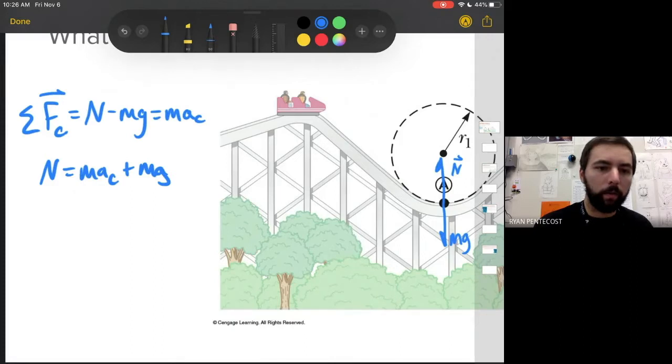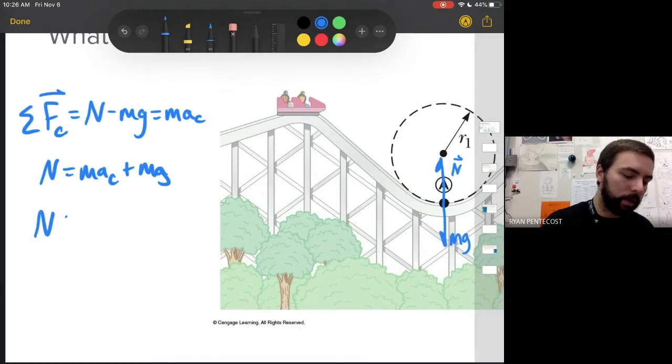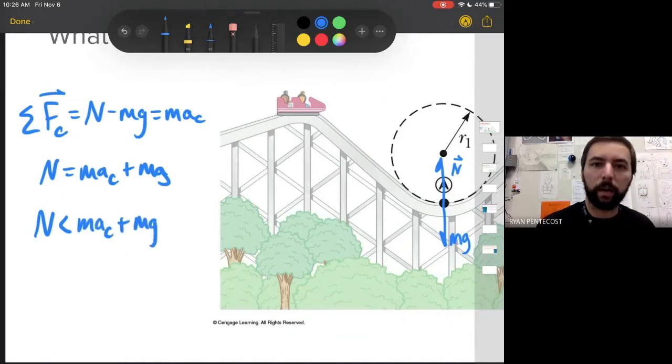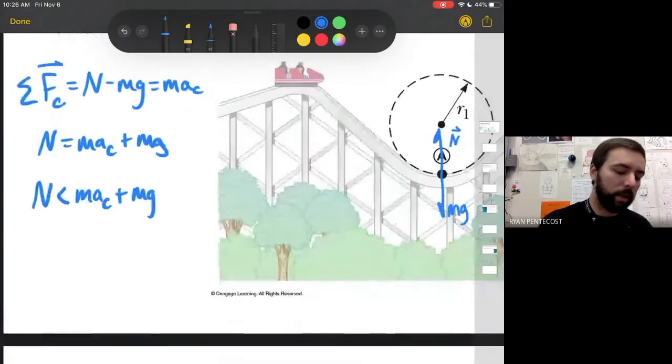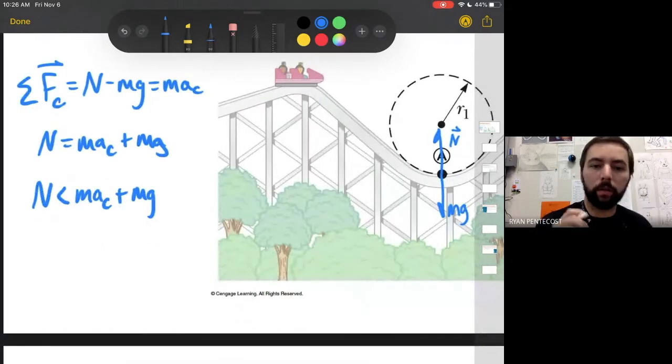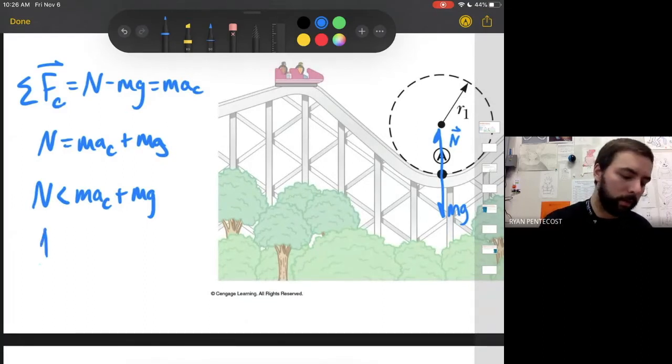Now, one way for this to go drastically wrong is if that normal force is less than your mac plus mg. If the track can't handle that force, because it's not strong enough to withstand this, then the rails would possibly break, and that is your first way to die, right?